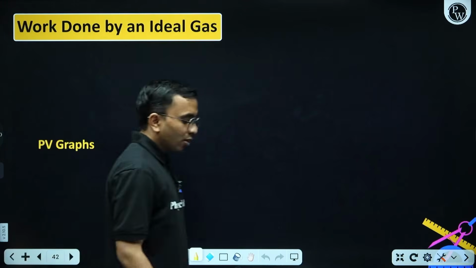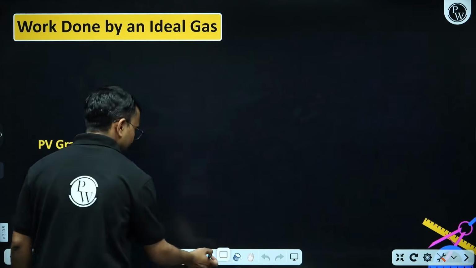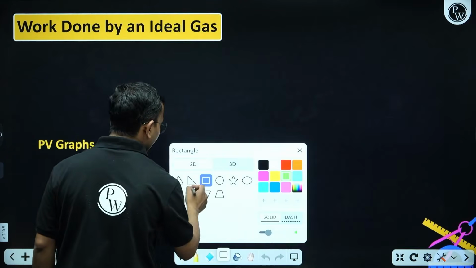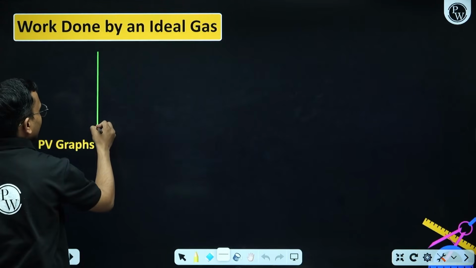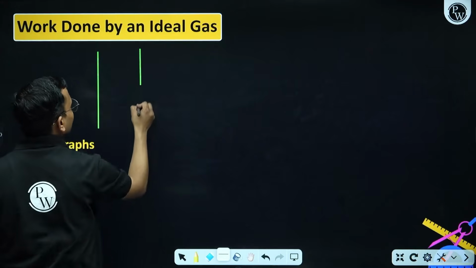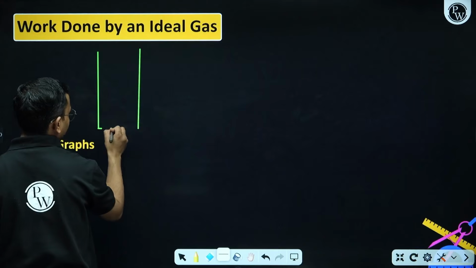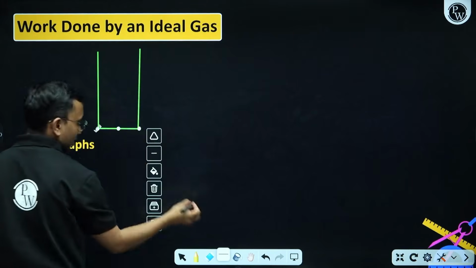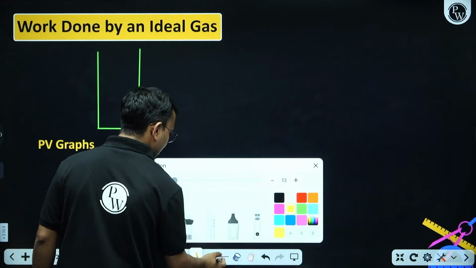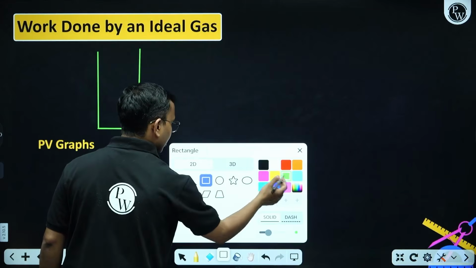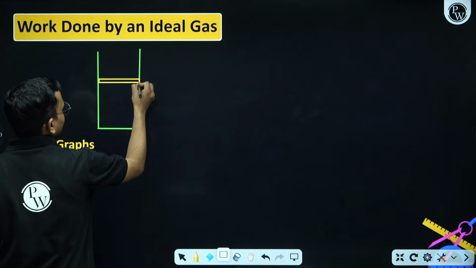Now let us talk about work done by an ideal gas. Let us take a gas kept inside a container. A cylindrical container I am considering, and this is the piston of the container.